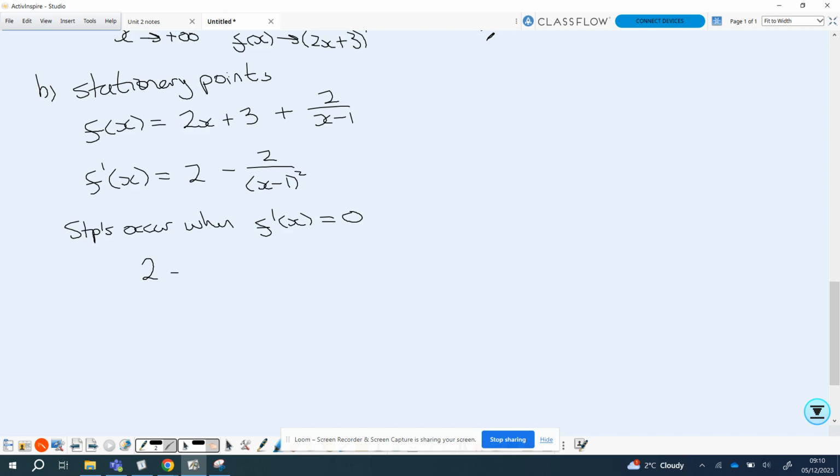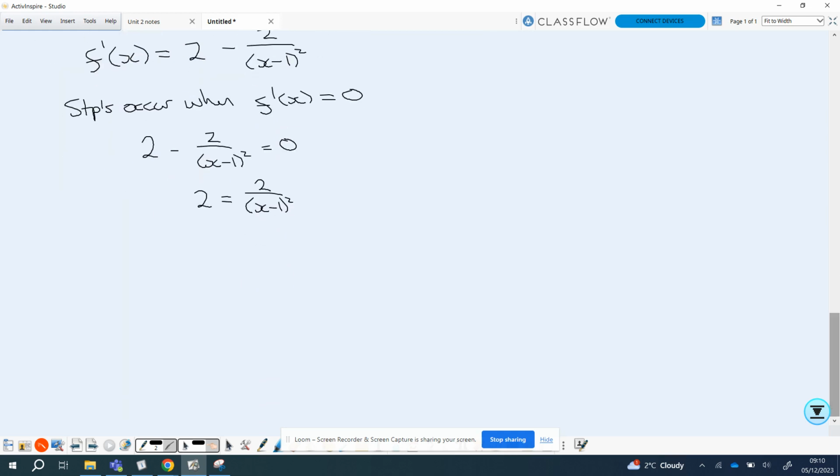So 2 minus 2 over x minus 1 squared equals 0. If I move it over and bring it positive, it now looks like that. I can divide everything by 2.